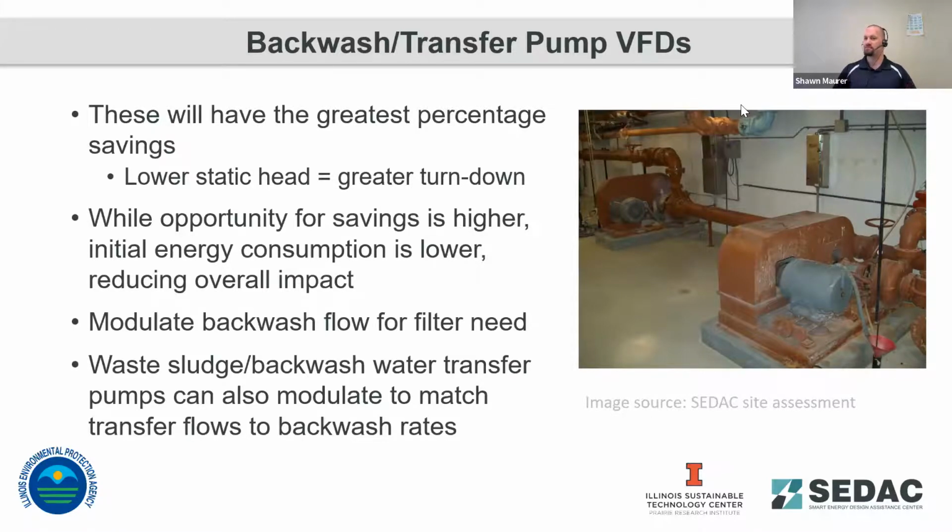But if you meet those minimum pressure requirements, what we're going to be looking for in VFD savings is: are you operating as low as you can so that your energy intensity is as low as possible for each gallon of water that you pump? That's where VFDs can help, especially since a lot of plants are oversized for future population growth and expansion of their networks. At the current operations, a VFD can help match the installed pumping capacity to the demand in your system. So some good comments there on VFD opportunities. Thank you.